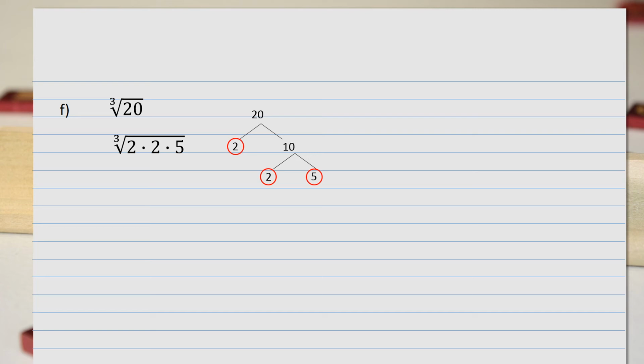The index in this case says we need to have how many pieces in a set. Well, notice we have no sets. We have to have 3 of the same values. So since nothing can come out, that means this radical cannot be simplified, and so our simplified version would remain the cube root of 20.